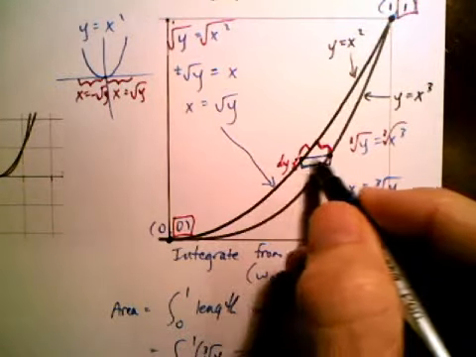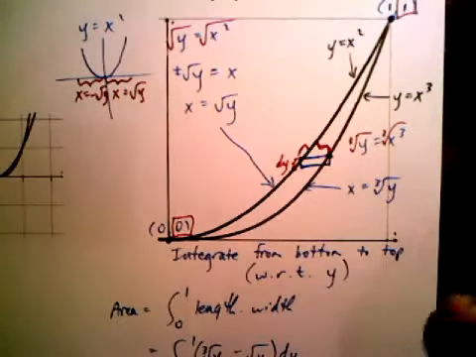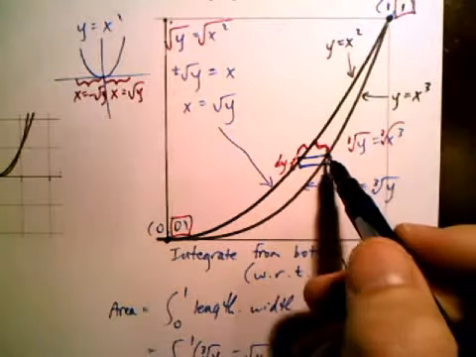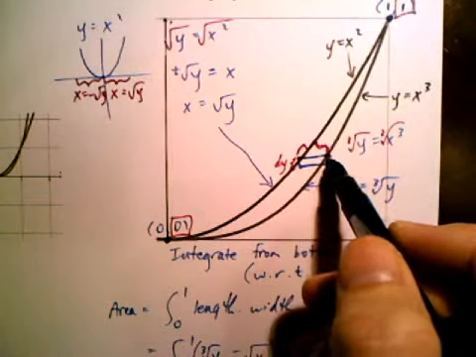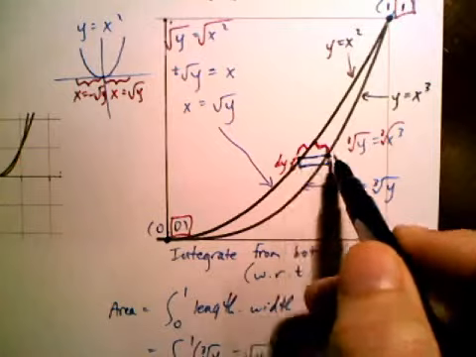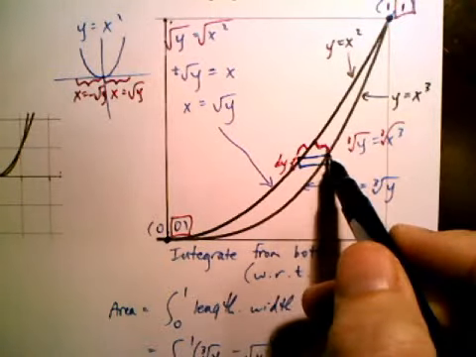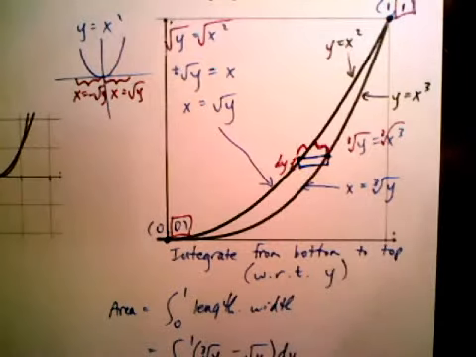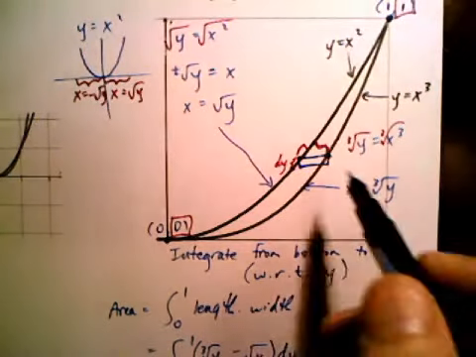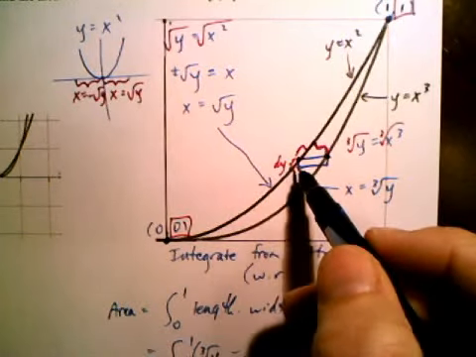The length of that rectangle is always going to be horizontal when you're integrating with respect to y. So keep in mind, it's the right curve minus the left curve. That always gives you the length of that rectangle. And always when you integrate with respect to y, the width of the rectangle is always going to be dy.